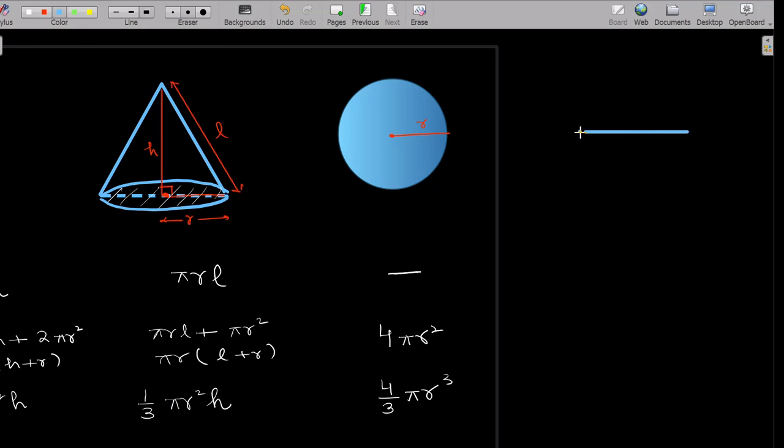Okay, then we have hemisphere. Hemisphere is nothing but if you cut a sphere in half, so you'll get a hemisphere. Now in hemisphere you also get lateral surface area.